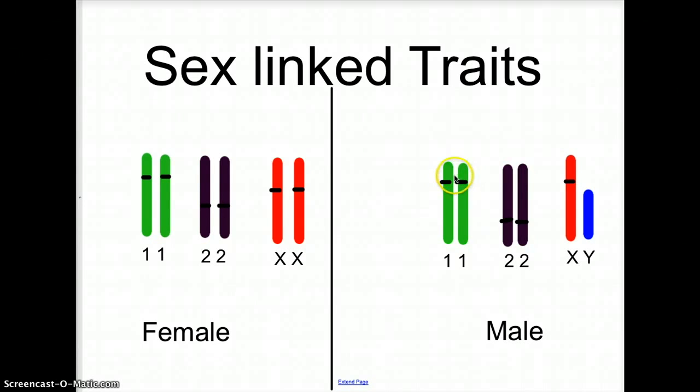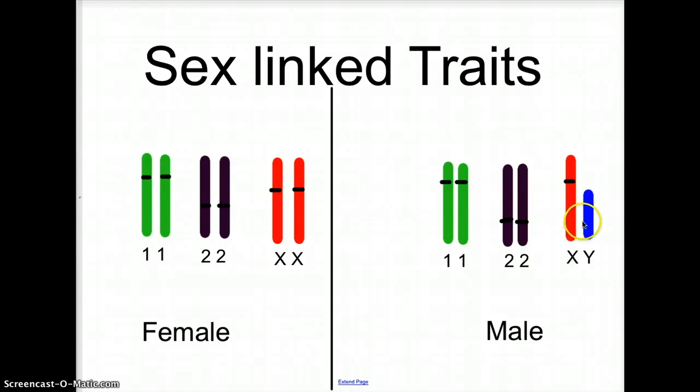But some genes can be on the sex chromosomes, and that's where males and females are different, because females have 2 X's and males have an X and a Y. Let's say there's a gene for being colorblind. Females would have 2 alleles for colorblindness because it's on the X chromosome and they have 2 of them. But males would only have 1 gene for colorblindness, and the Y has nothing on there.